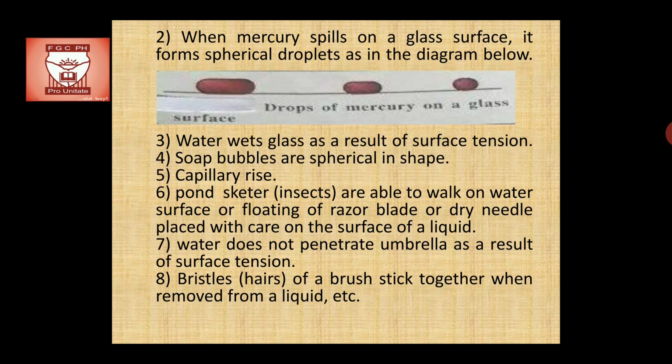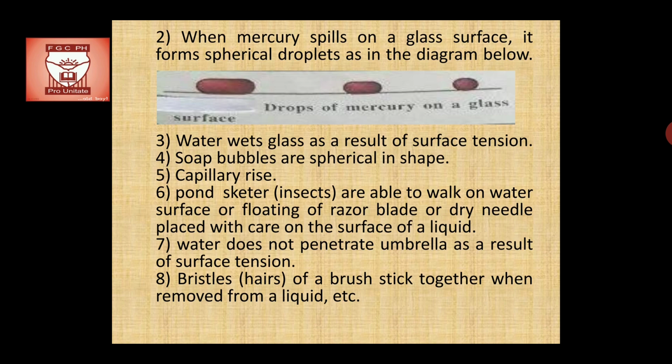Number 6, pond skaters, or we call them insects. Pond skaters are able to walk on the water surface, or floating of a razor blade or dry needle placed with care on the surface of a liquid.